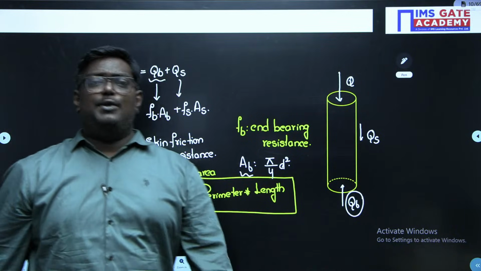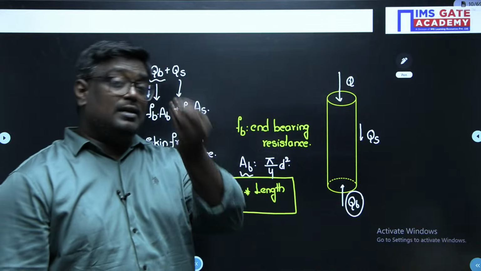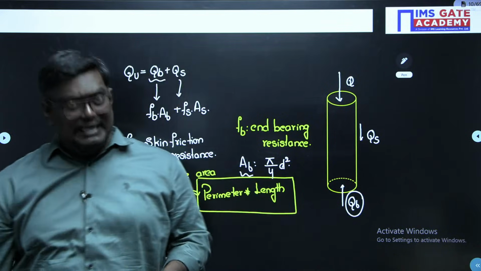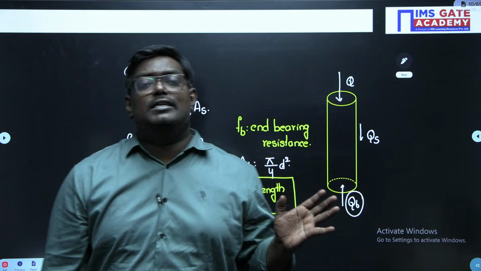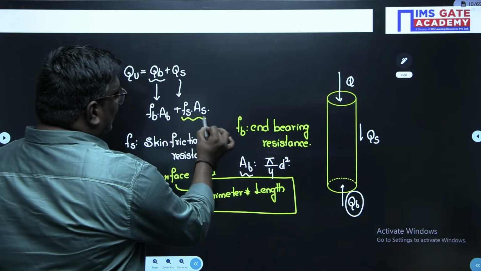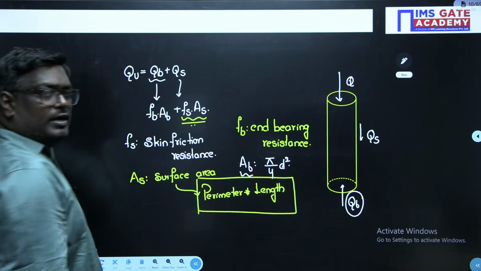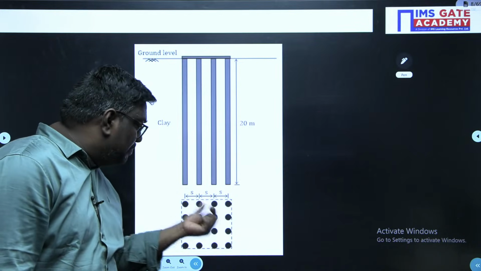So let me tell you, you are doing the problem using the ultimate bearing capacity. But in this problem, if you see, the end bearing resistance is not considered. So directly you can take Fs into As. Got it, sir? And if you see the question here, how many piles are there?